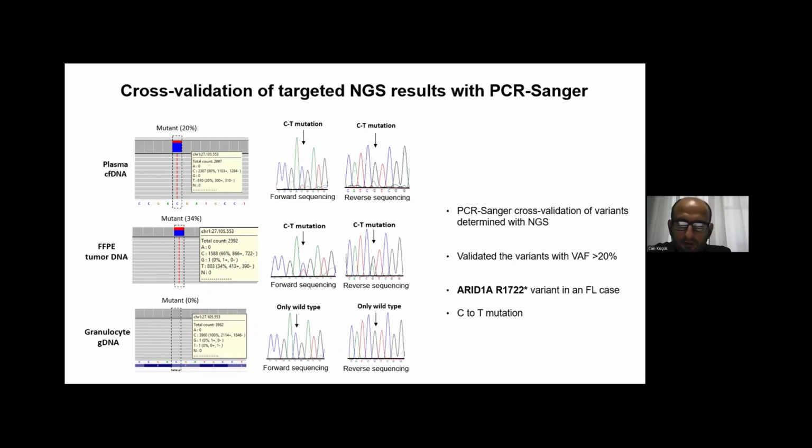It was easier to validate the mutation. And the same mutation in the cfDNA of the same patient had 20% variant allele fraction. But this was the borderline for Sanger detection actually. But we were able to show clearly, with both forward and reverse sequencing, that the same mutation is also present in the cfDNA of the patient.